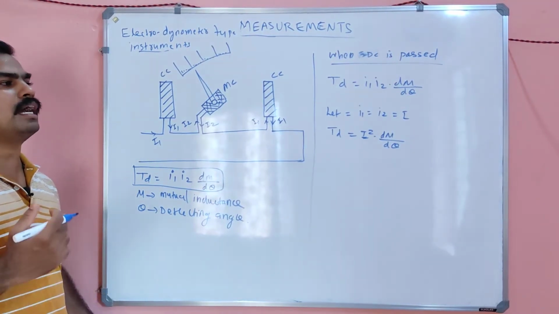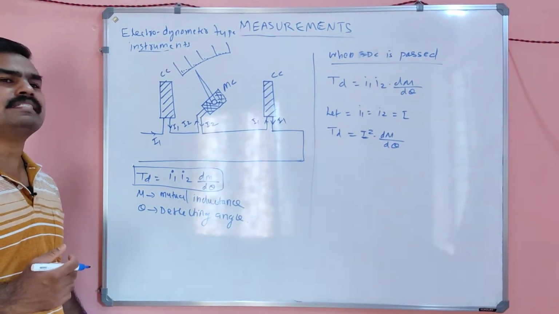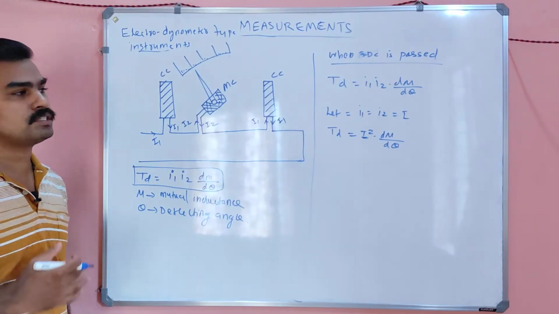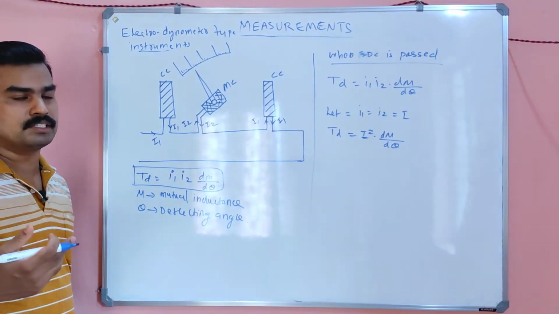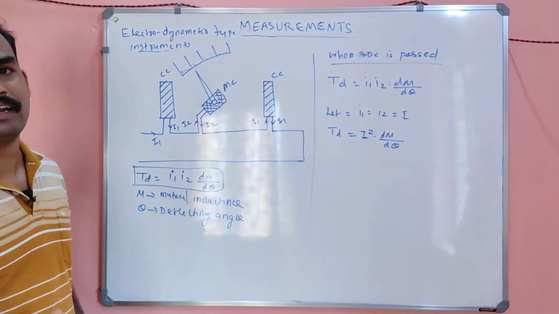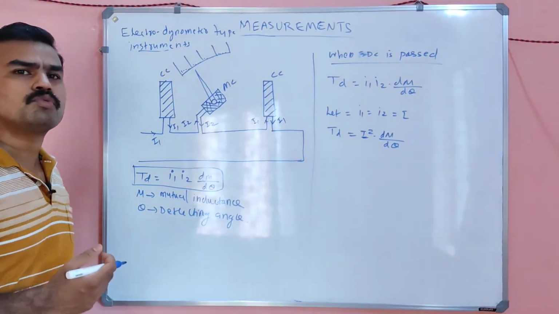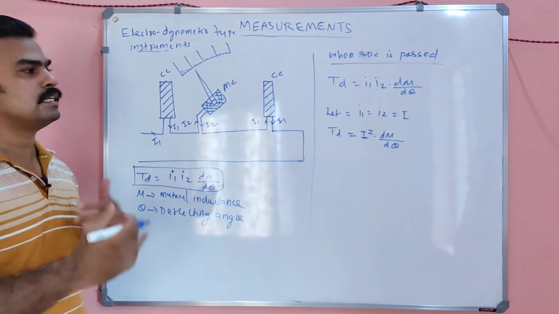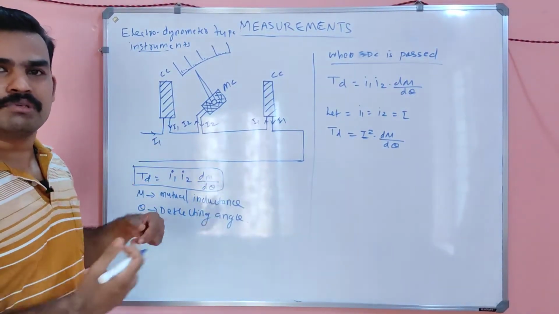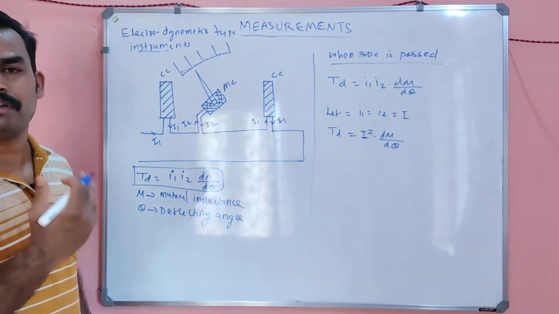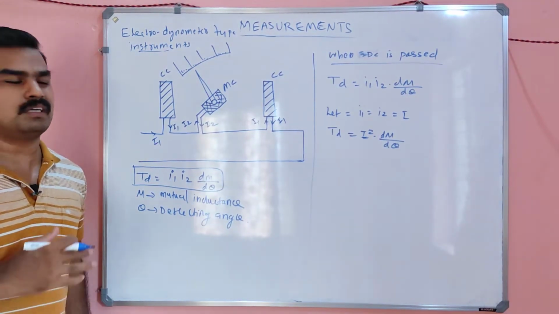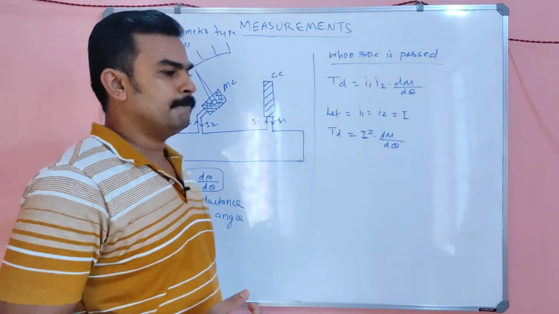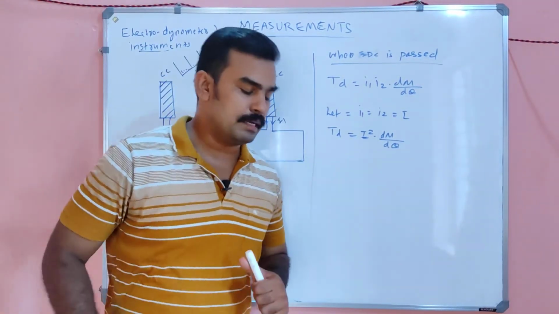Do you have a doubt whether there is any mutual inductance in DC also? Of course, because the coil is turned in a spiral manner, there will be some magnetic field associated with it and flux is induced, so there will be some mutual inductance also. I will tell you one example.